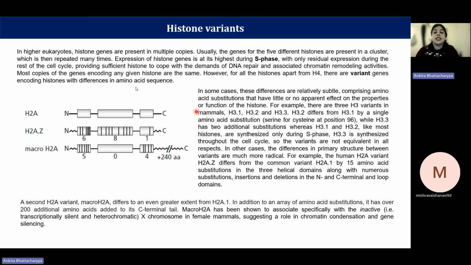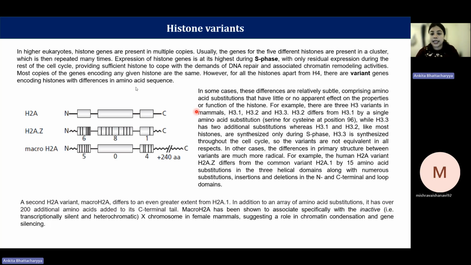For example, there are three H3 variants in mammals: H3.1, H3.2, and H3.3. H3.2 differs from H3.1 by a single amino acid substitution, which results in a conversion from serine to cysteine at position 36. Now, keep in mind, while this doesn't sound like too much, the properties of these two amino acids are quite different.